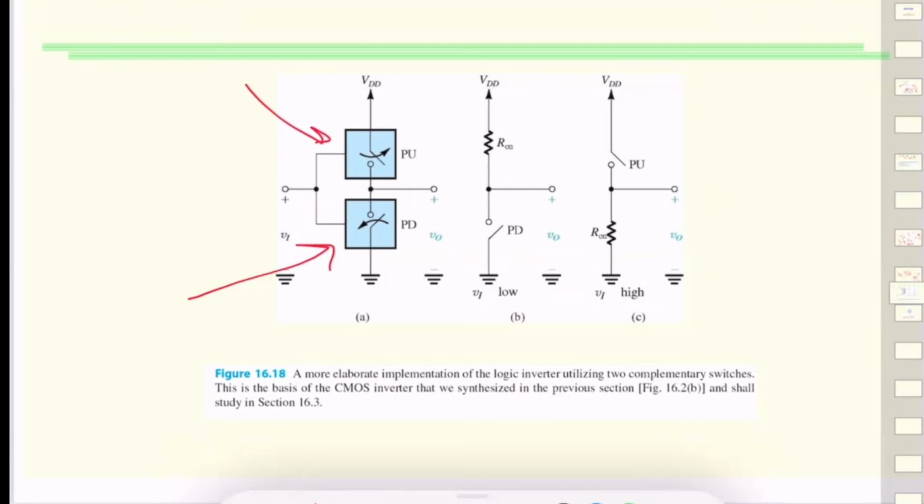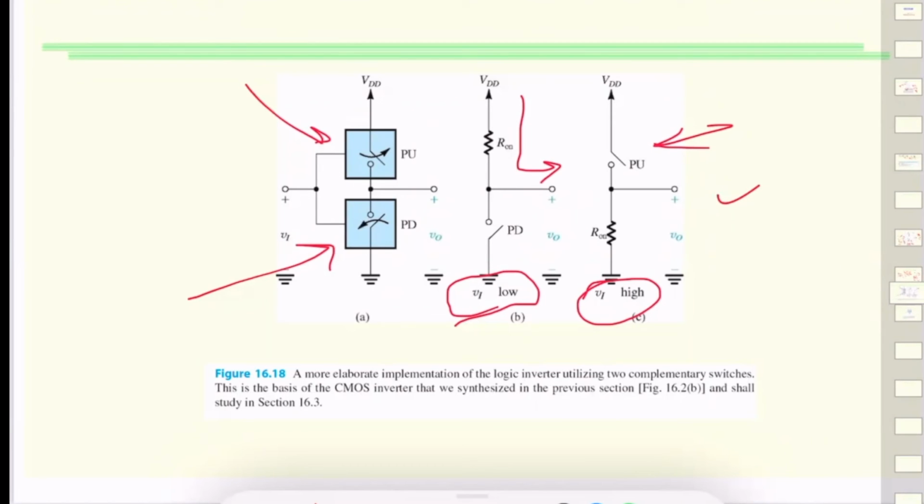When we are using low input, the pull down is open circuit. So we see the high signal at the output, right? In this case, even with the small resistance it is showing as high. But when the input is high, then the voltage supply is not showing up on the output. So what we have is low at the output.